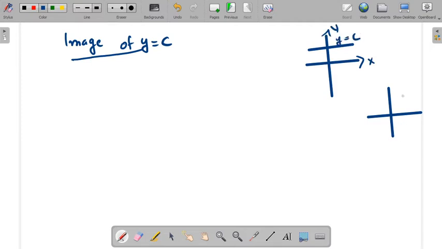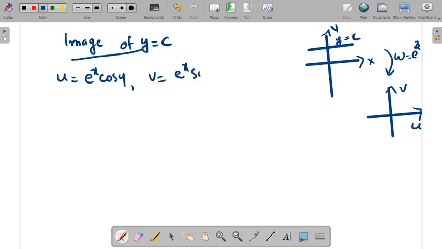We are going to find its image in the UV plane under the map w equal to e raised to z. Again we go for u and v. u is e raised to x cos y, v is e raised to x sin y. So when y is equal to c, we get u equal to e raised to x cos c and v equal to e raised to x sin c. The thing that we are going to eliminate here is the variable x to get a relation between u and v.